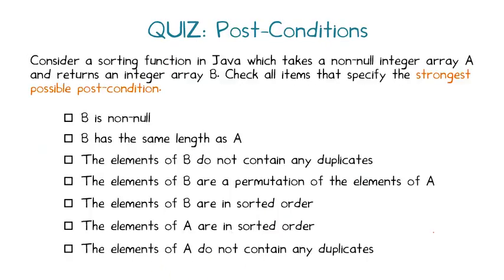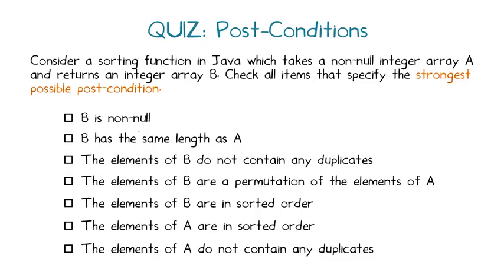Now, to check your understanding of postconditions, consider the following quiz. Given a sorting function in Java, which takes a non-null integer array A and then returns an integer array B, which of the following statements must be true in order to form the strongest possible postcondition for the function that does not improperly reject a correctly sorted array?